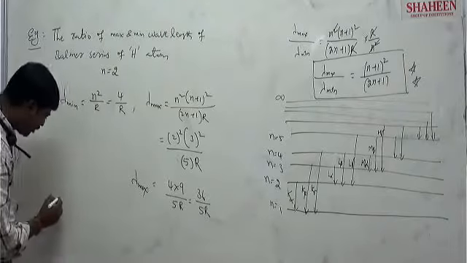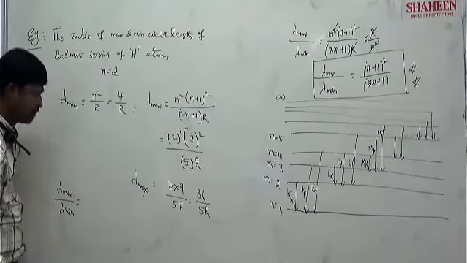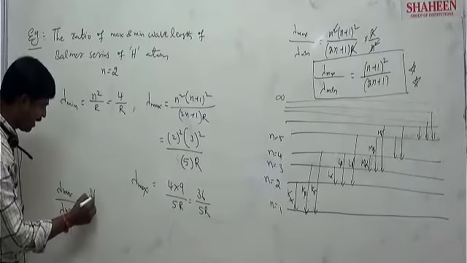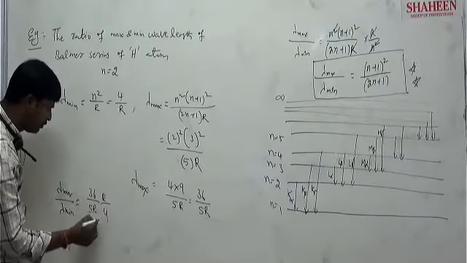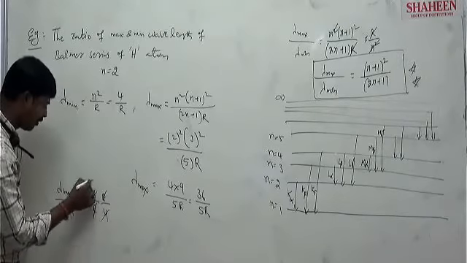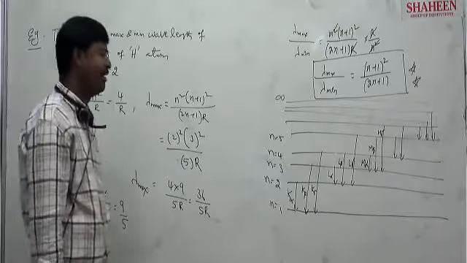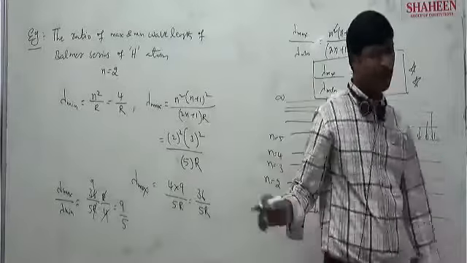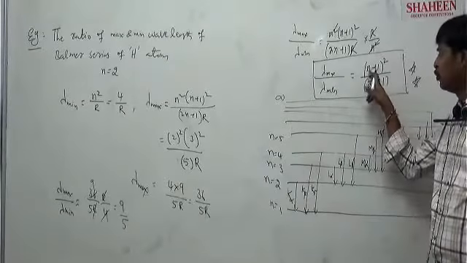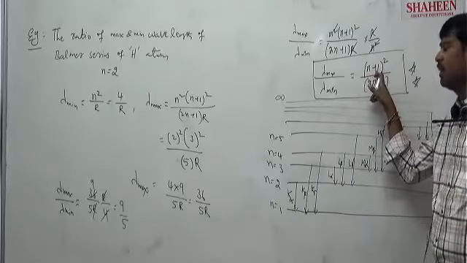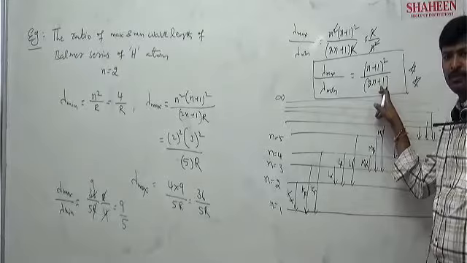Now they want the ratio of lambda max to lambda min. So the ratio is 36 by 5R into R by 4. R cancels out, 4 ones are 4, 4 nines are 36, so the ratio will be 9 by 5. Directly using the formula also we get it: n is 2, 2 plus 1 is 3, 3 square is 9, 2n plus 1 is 5.